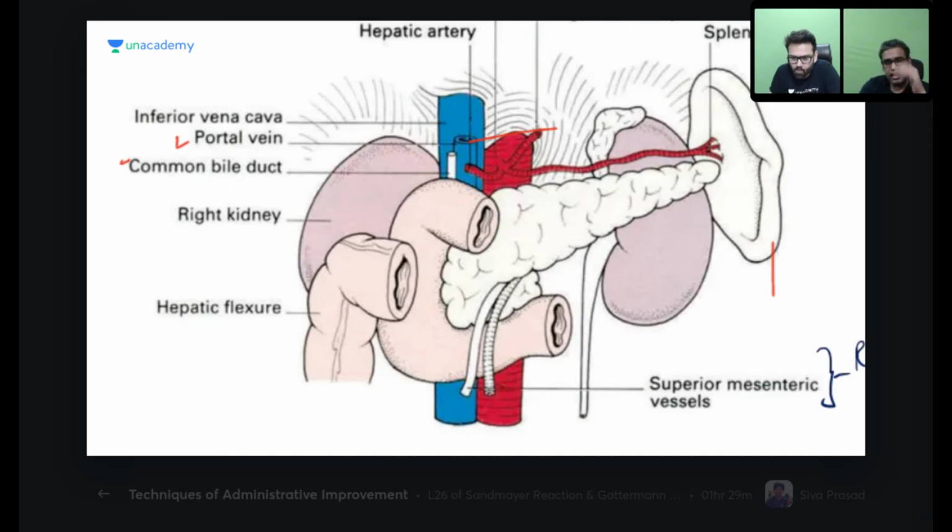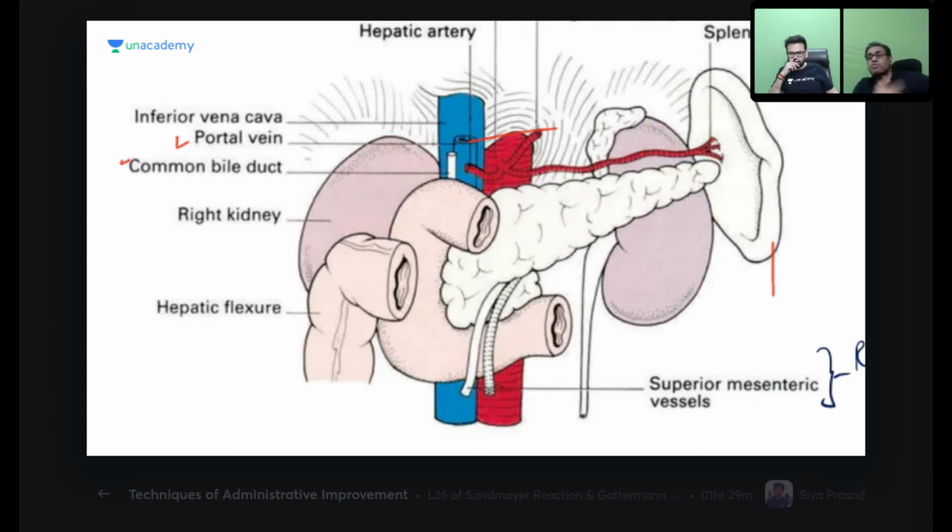If I ask you first, then I will tell you. If you want to palpate the spleen or know the basic position of the spleen, the anterior end of the spleen reaches up till where? It becomes anterior to the mid-axillary line.